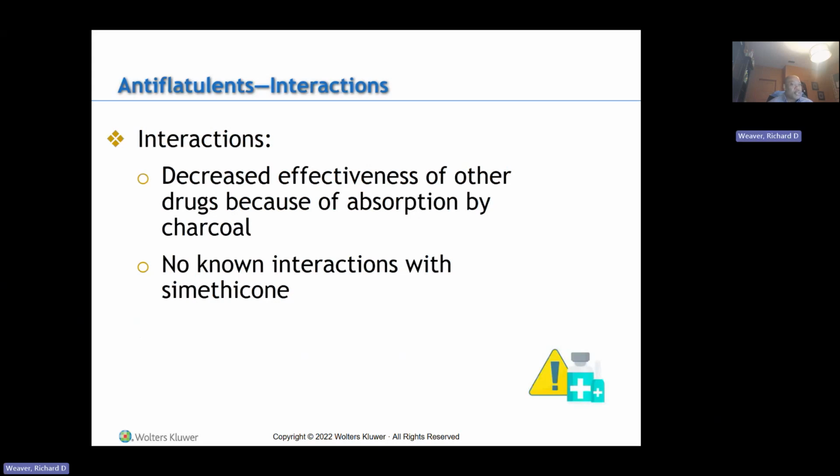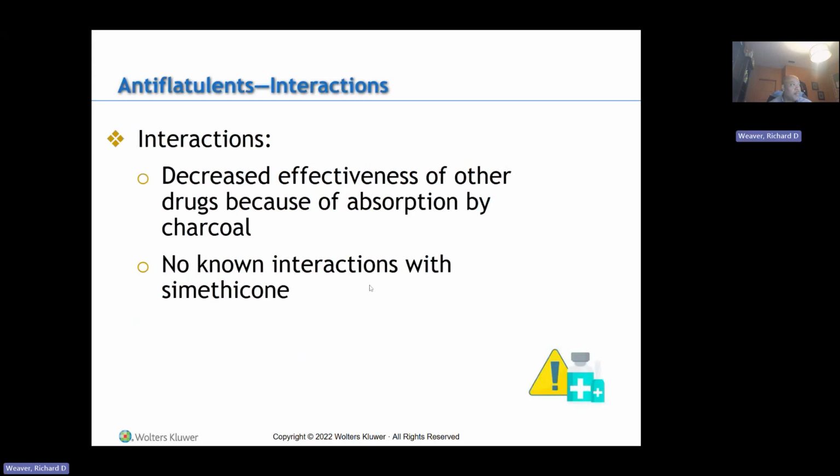All right, some of the interactions with this drug: there's decreased effectiveness of other drugs because of absorption by the charcoal. So the charcoal will essentially drink up the other drugs that you are giving these patients. So it may cause absorption to be decreased, and so patients will not get the full effect of the drug. And also, there's no known interactions with simethicone, because it is not absorbed.